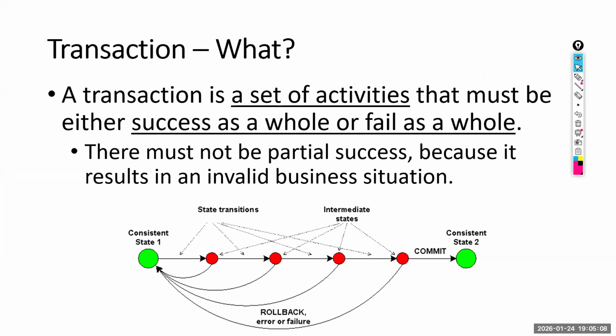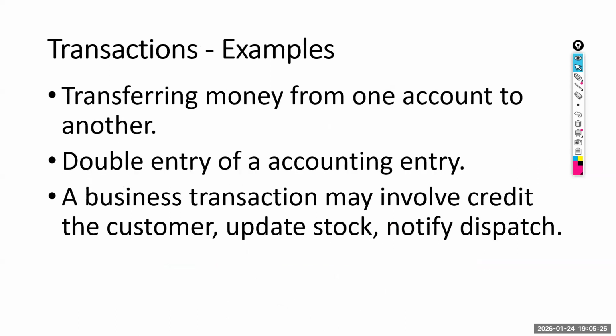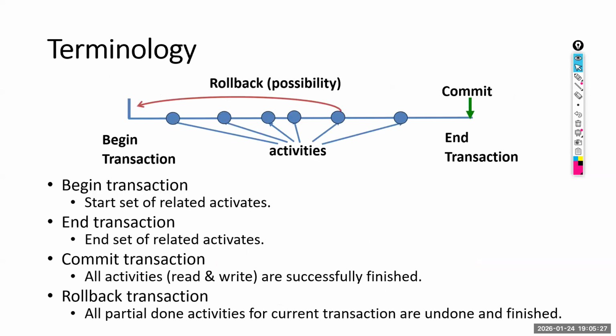Okay, right. So success as a whole or fail as a whole. If it is success, we call it commit. If it failed in an intermediate subtask, then we need to roll back the completed tasks also. So that is the whole idea. There are 2 possibilities, either commit or rollback.